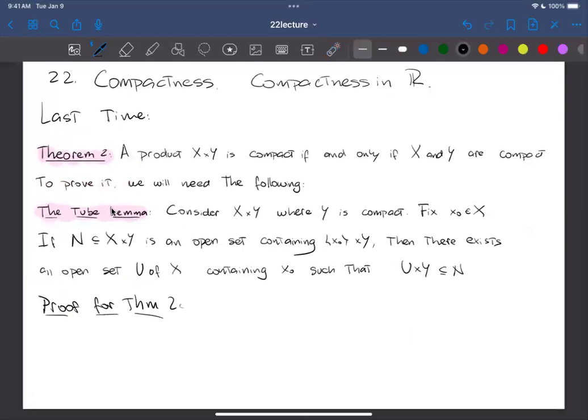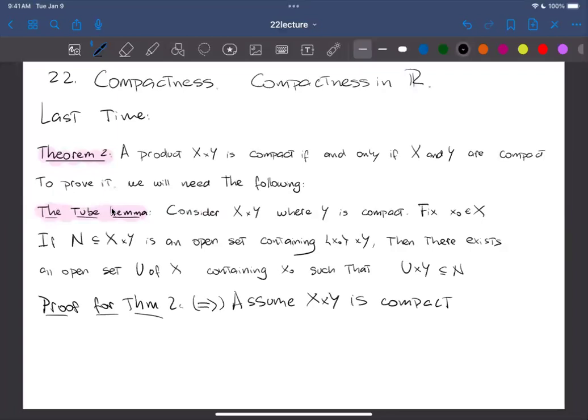So I think I said this before, this direction of theorem 2, if you assume X cross Y is compact, this should be the easy direction because we know that any continuous image of a compact space will be compact.